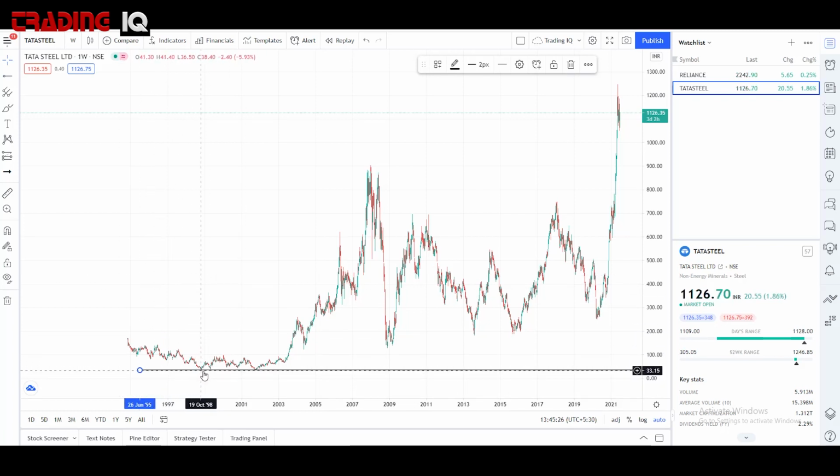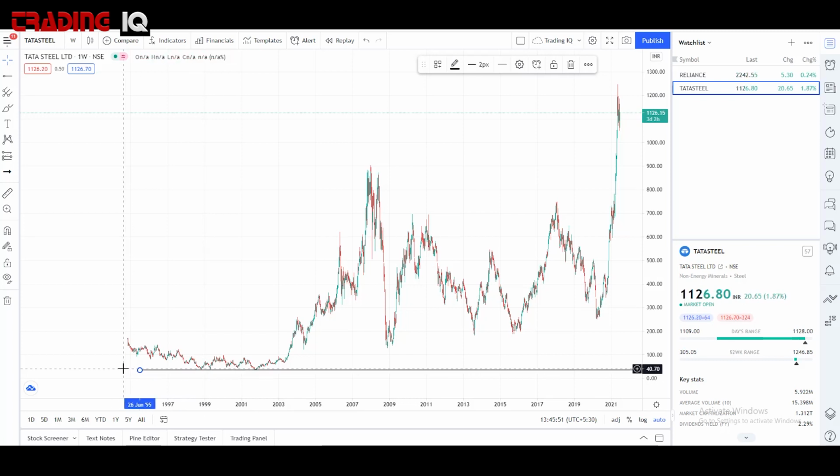It took support here, here, and here, and then it bounced back. So what did it create? It created a zone where the prices are supported by huge demand. That means there are no sellers in this range. All of them are looking to buy at this point.